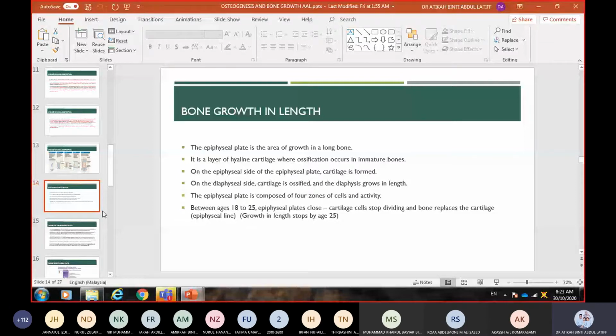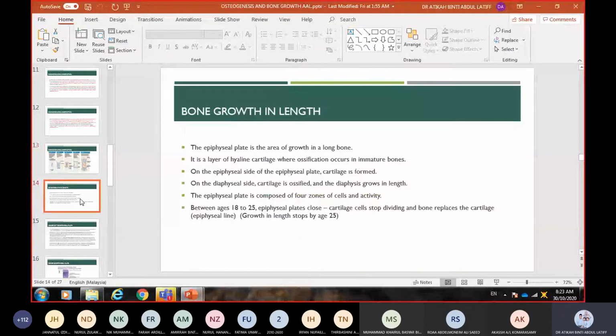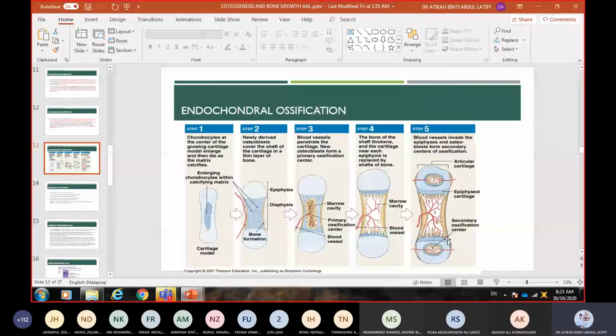So if you imagine when you were born, the epiphyseal plate or cartilage is still made of chondrocytes, hyaline cartilage, so it can still grow in length. However, at the age of 18 to 25, this cartilage will be replaced by bone completely, and you will stop growing because there is no more epiphyseal cartilage or plate.